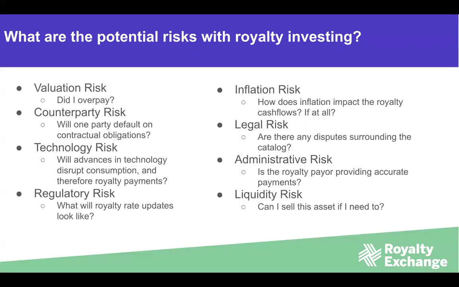What that protects against is, say the assignment takes place really close to when the next distribution is going to be. A lot of times the distributor doesn't have a chance to update their records in time, and that payment will go to the seller. So since we withhold 10% of the purchase price, we debit that, and make sure that the investor gets paid that first payment until we can ensure that the assignment has been put in place.